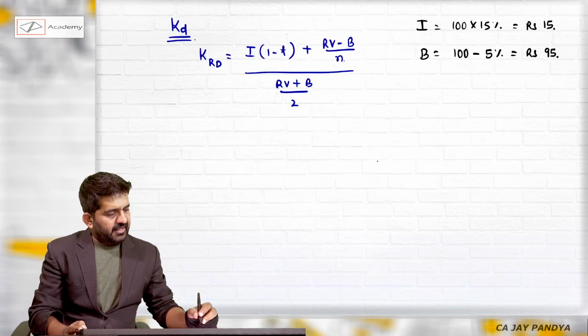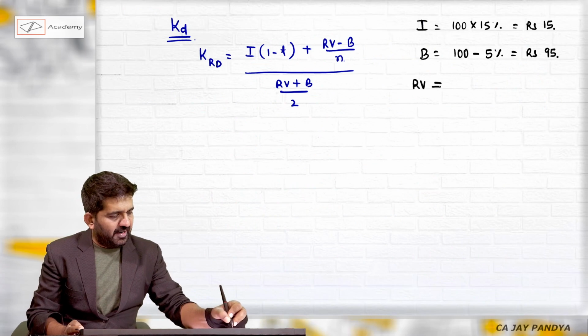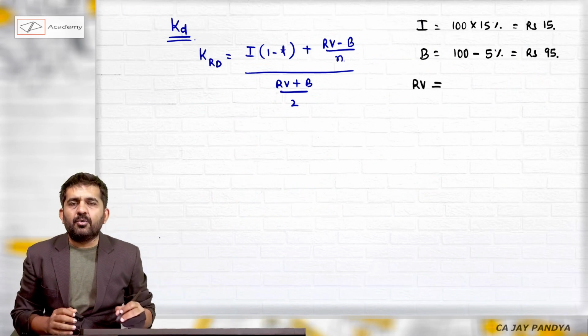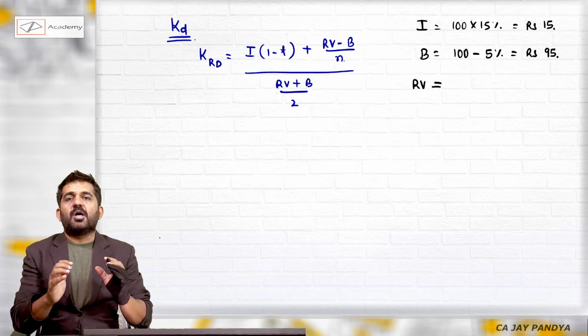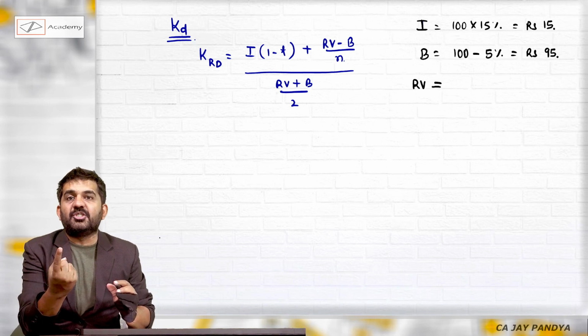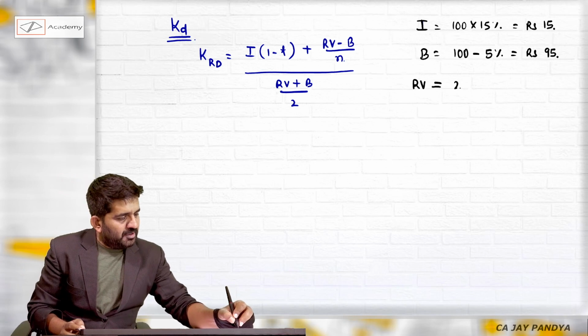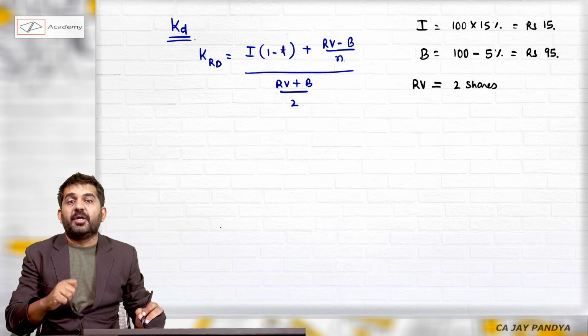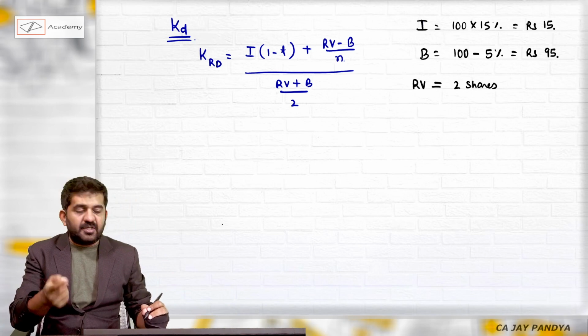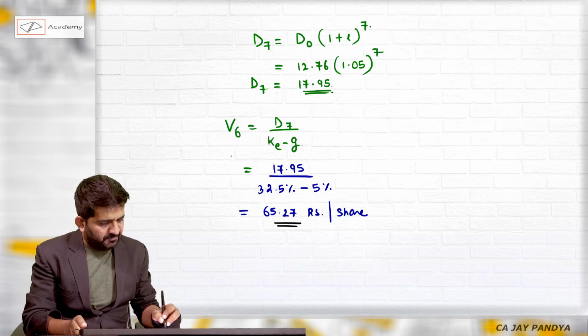And I need to find out the redemption value. What is redemption value? At the end of 6 years, how much money you are going to pay to one debenture holder? You are not going to pay money, but you are going to pay 2 shares. After 6 years, I am knowing the value after 6 years.